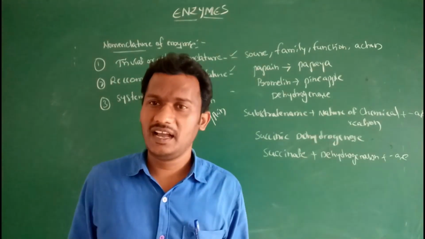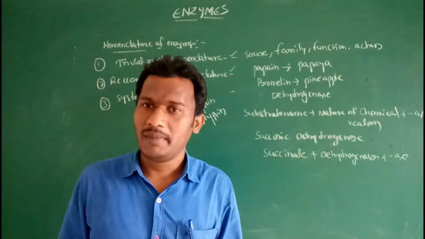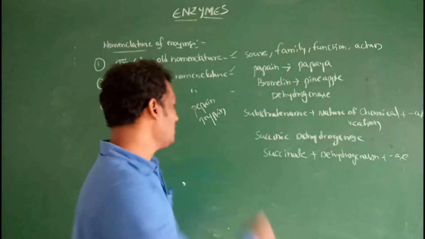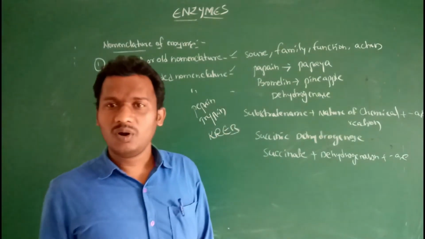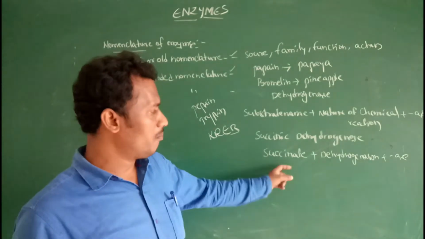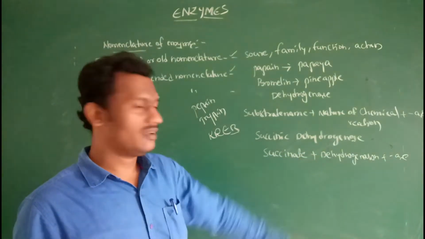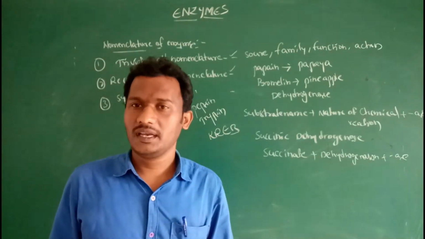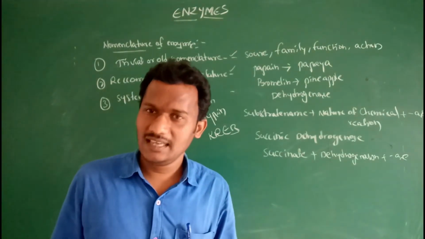Generally, succinic dehydrogenase enzyme is located in the inner membrane of mitochondria and plays an important role in the Krebs cycle through an oxidation reaction. By the catalytic action of this enzyme, succinic acid converts into fumaric acid. So hydrogens are removed from succinic acid.